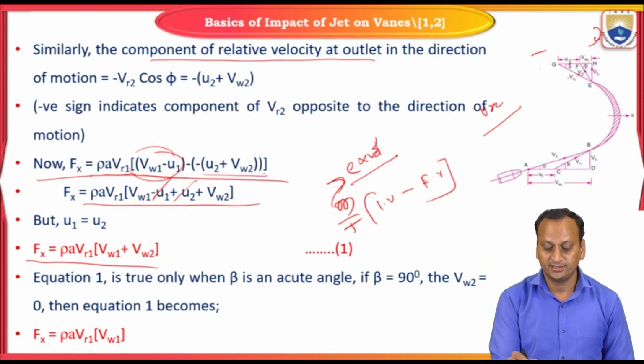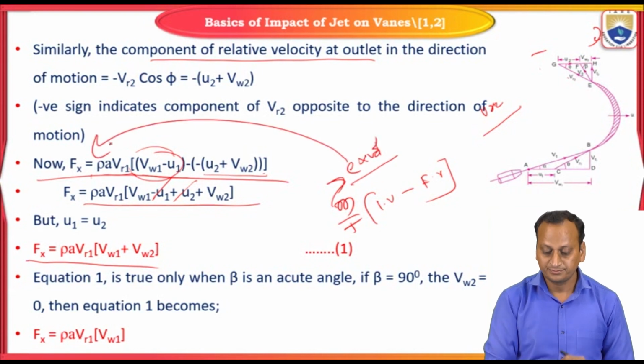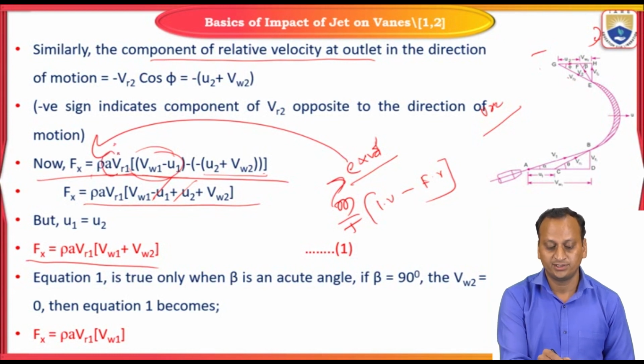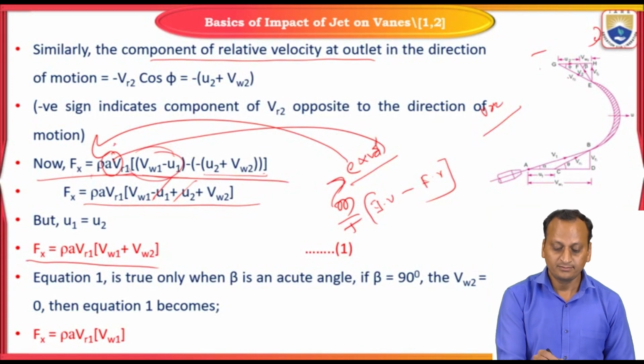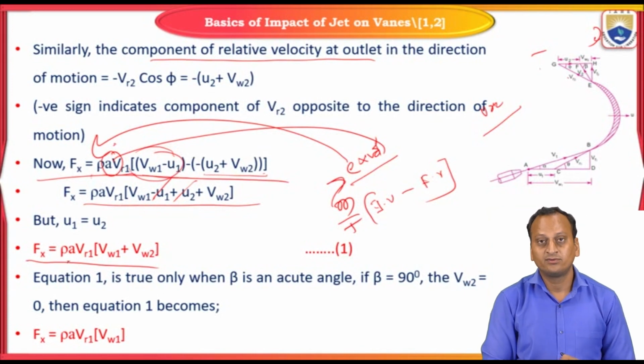Density is rho, and volume is A into VR1. So that is mass per second into initial velocity minus final velocity. Therefore, we got rho A VR1 (VW1 plus VW2).